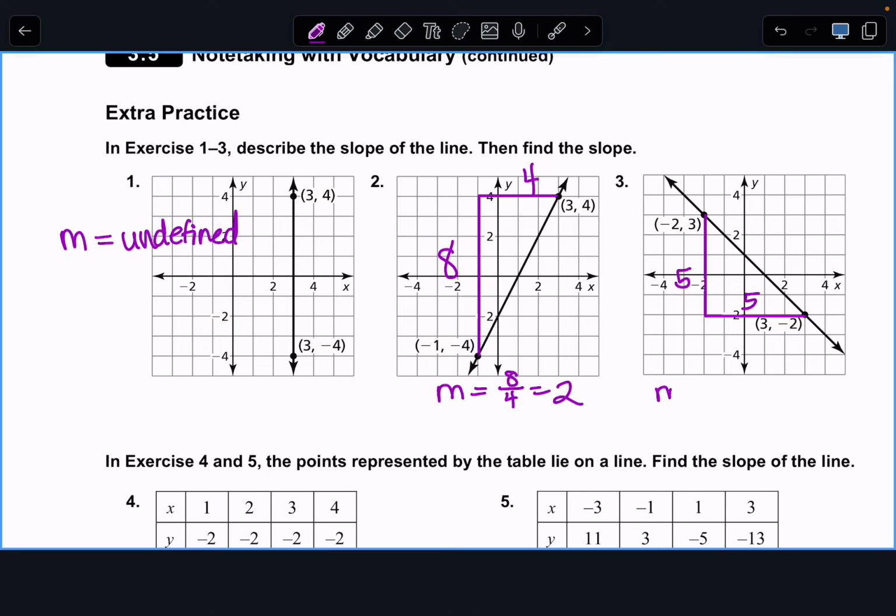Okay, so we're falling 5 over 5, which means our slope is -1.